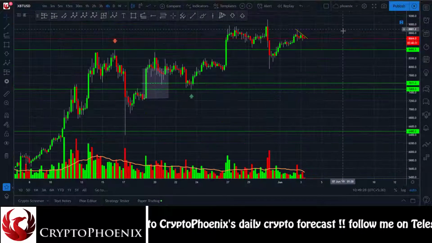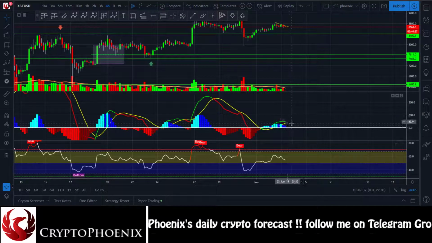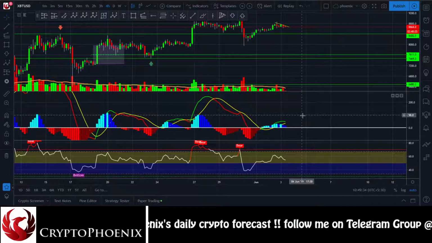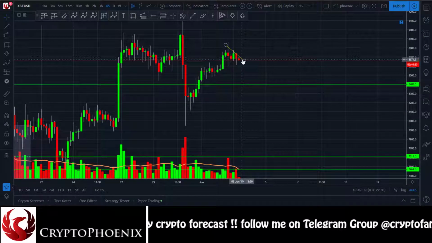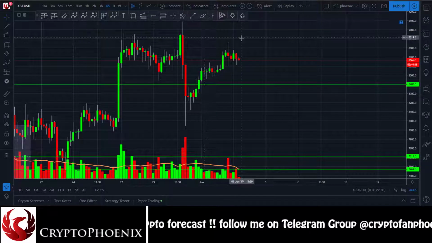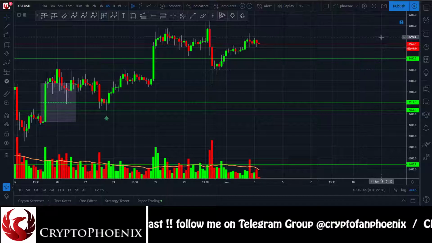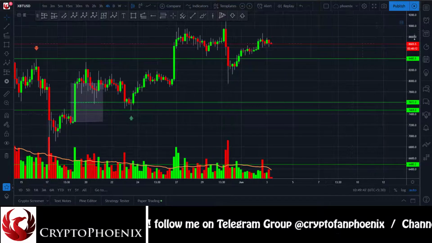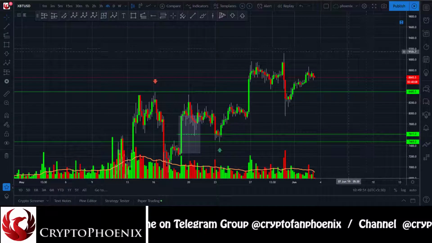We were getting some sort of MACD crossover on the downside, and hence I said there's a possible chance of moving downside, then moving upside. So be safe, guys. And if you are watching this video, I've shared my call on a breakout using candlesticks. So I expect you to take that trade.